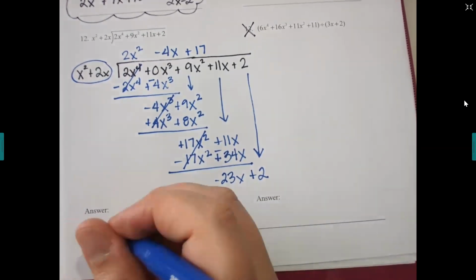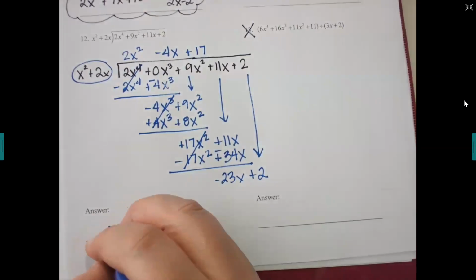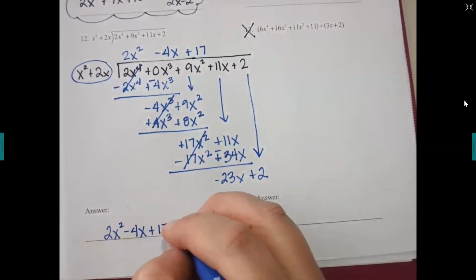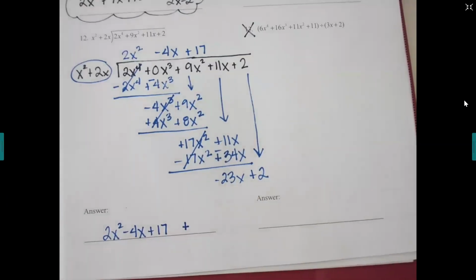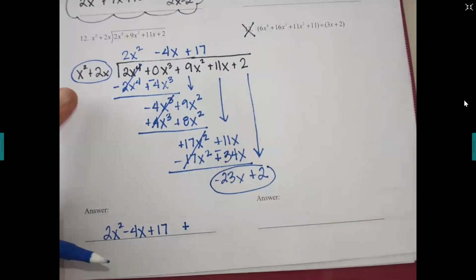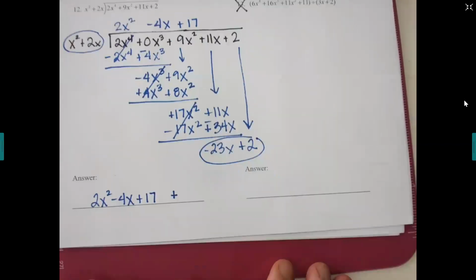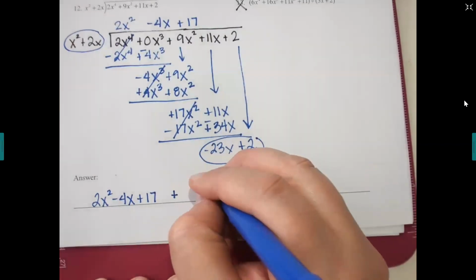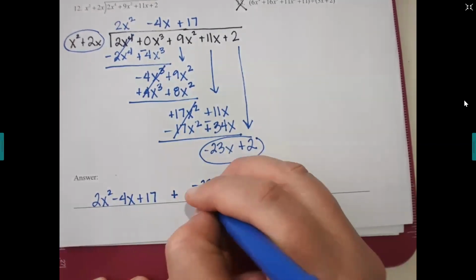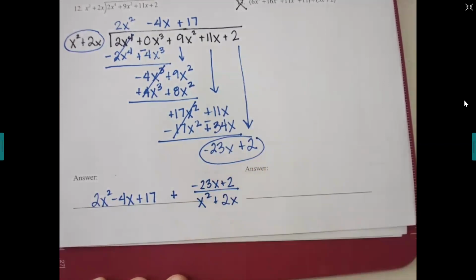It should be 2x squared, all the crap on the top. 2x squared minus 4x plus 17 plus, and then my remainder is going to be this over the divisor, just like last time. So it's negative 23x plus 2 over x squared plus 2x.